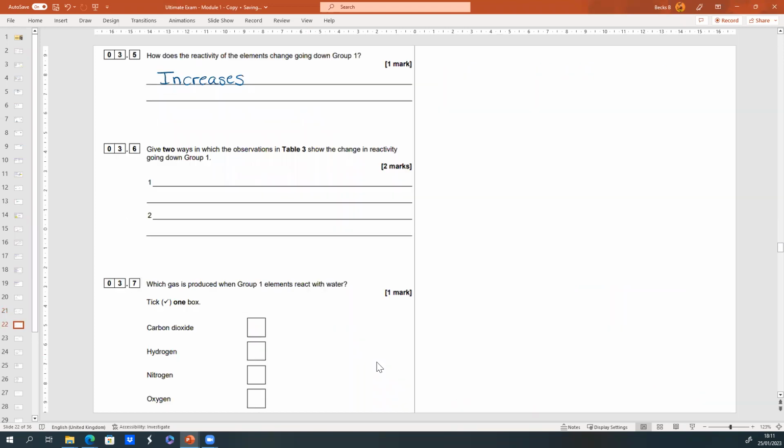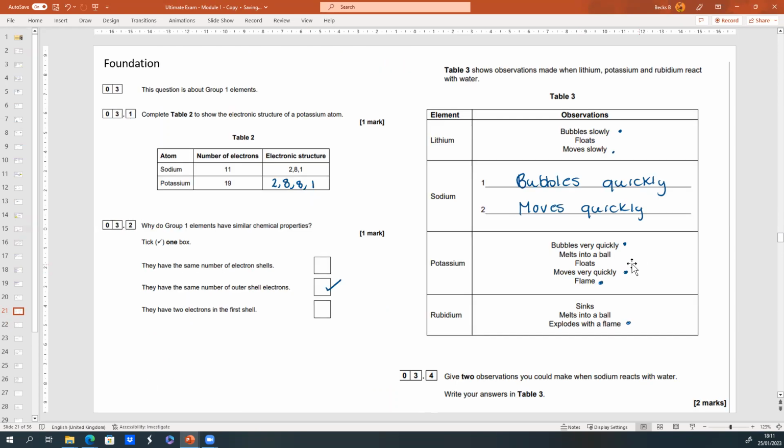Okay, so 2 ways in which it shows. So it bubbles more quickly. And we could say that lower down we get, how did it describe it? Get a flame.